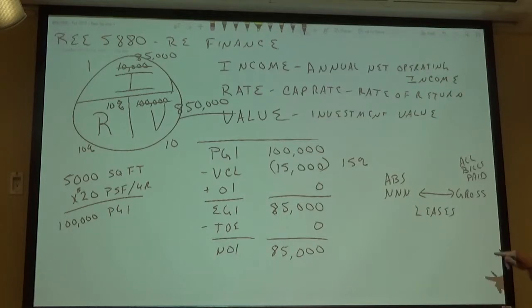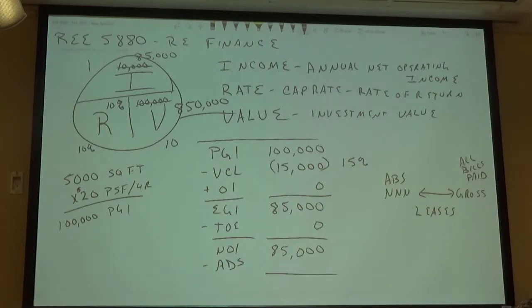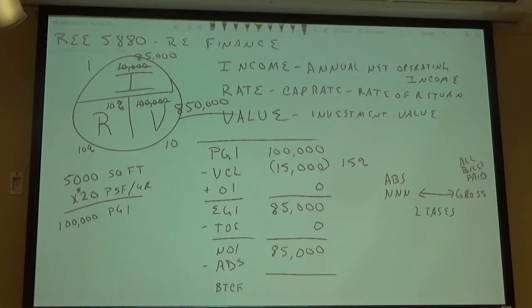Okay, so let's continue and work through what I'm talking about with respect to lenders. The next couple of line items on this basic income statement are annual debt service, which is obviously your principal and interest payment to the lender, followed by, and this is pretty much where we're going to be stopping for this course, the before tax cash flow. We'll pick it up in the investments course.